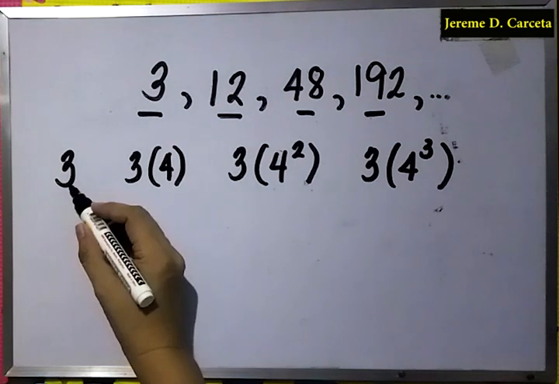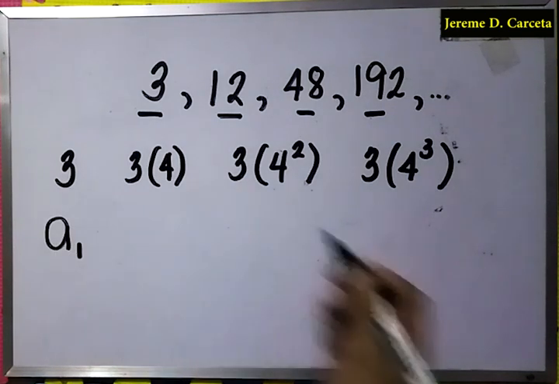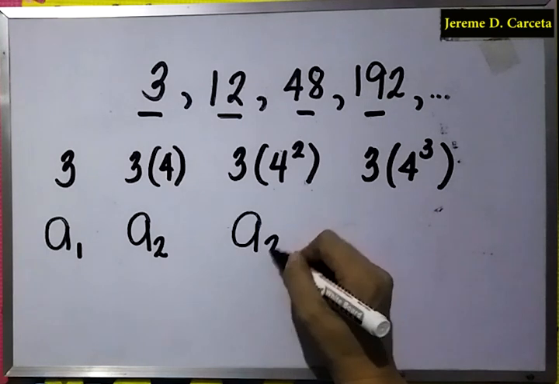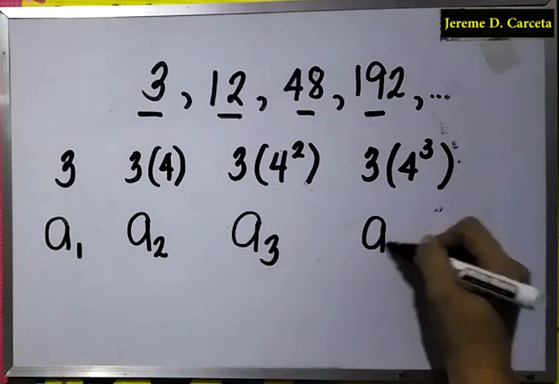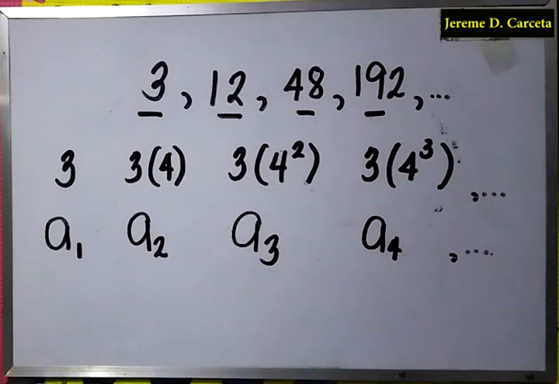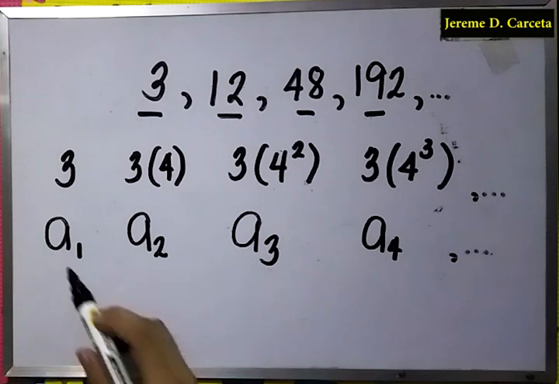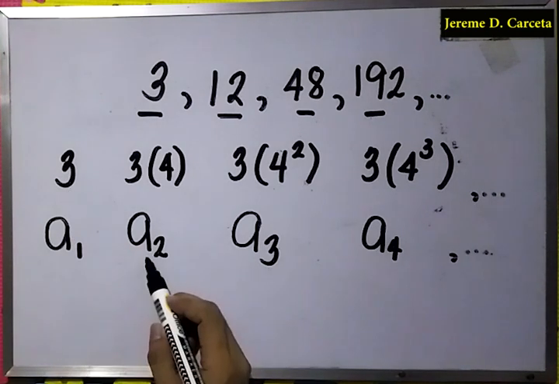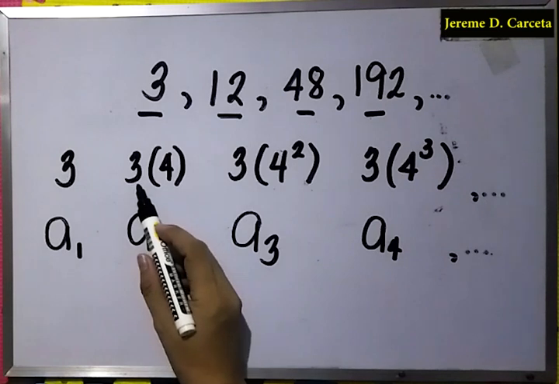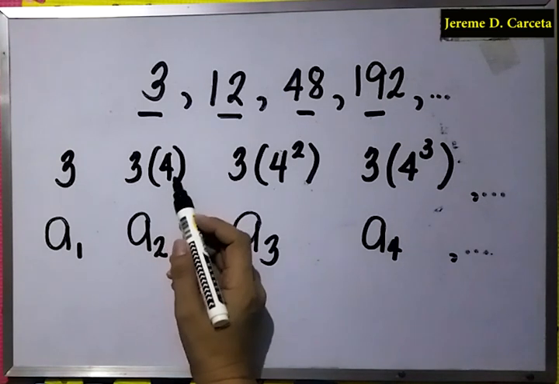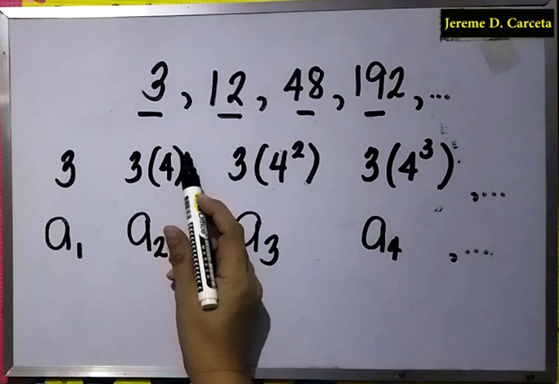So our 3 here is our a sub 1. This would be a sub 2, a sub 3, a sub 4, and so on. As you have noticed, our a sub 1 is equal to 3, while our a sub 2 is equal to 3 times 4, because our exponent here would be n minus 1.